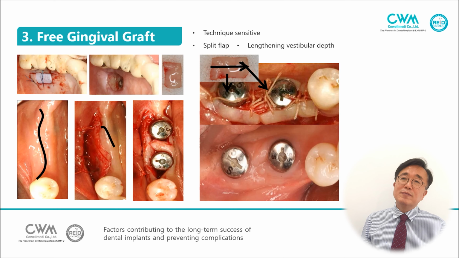So a free gingival graft is made from part of the maxilla, and the graft is divided and grafted on the denuded buccal side on the periosteum and sutured.